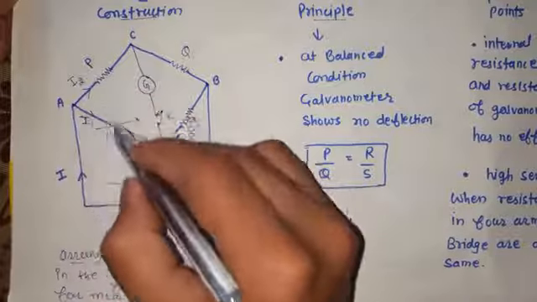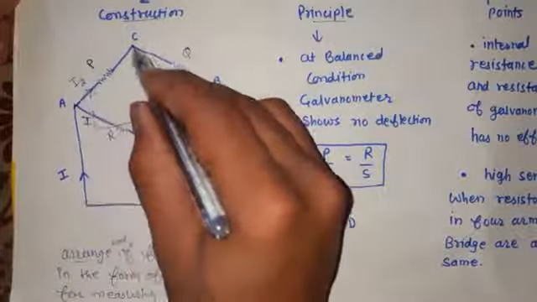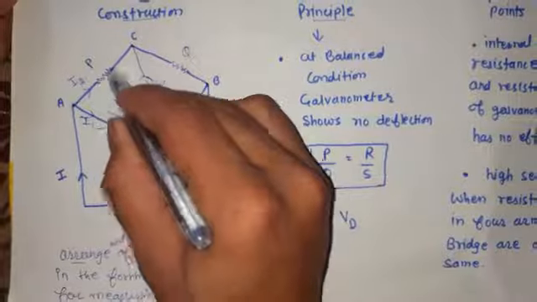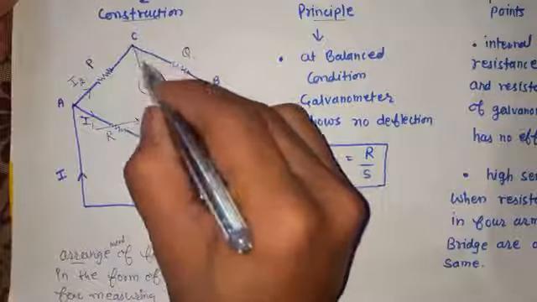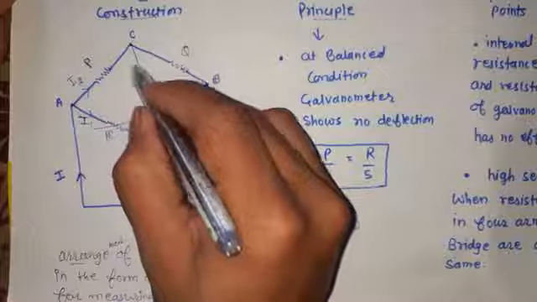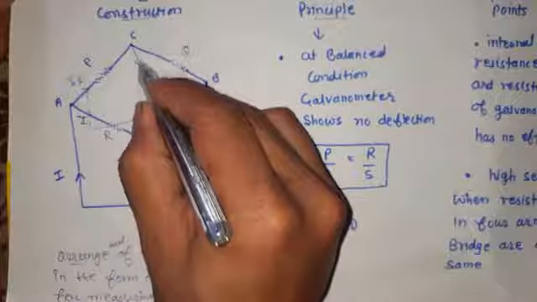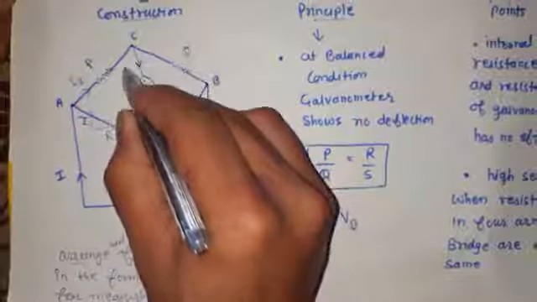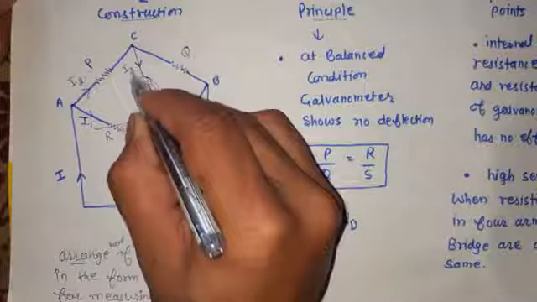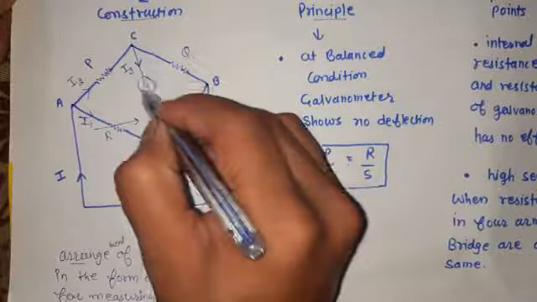This current I2 goes to point C, and at C once again a part of the current passes through the galvanometer. Let Ig be the current passing through the galvanometer.